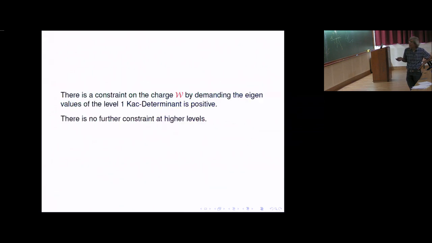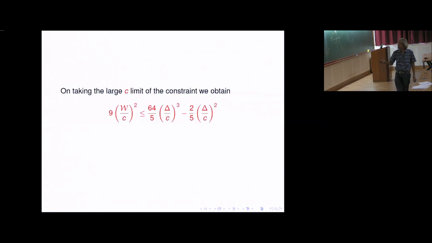The constraint is that the eigenvalues of this Kac determinant are positive. If you demand that level 1 is positive and the rest of the constraints are satisfied, they obtained this particular constraint at large C. So I've taken their constraint and pushed it to the large C limit, and this is the particular constraint.